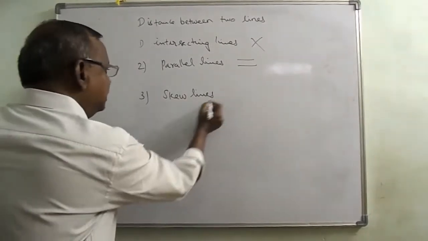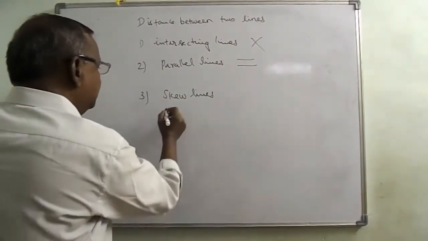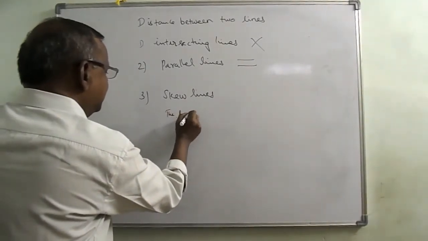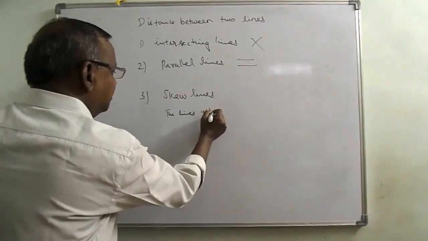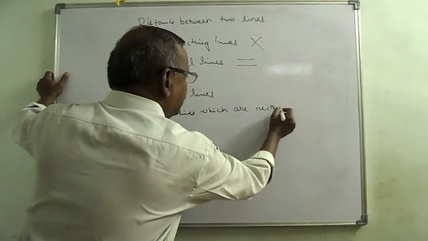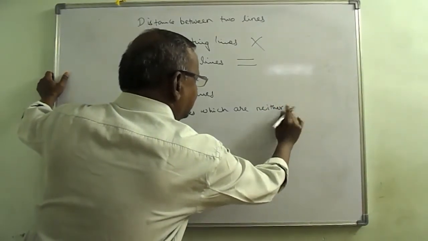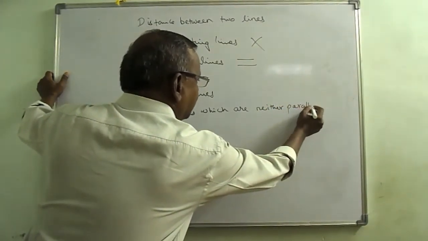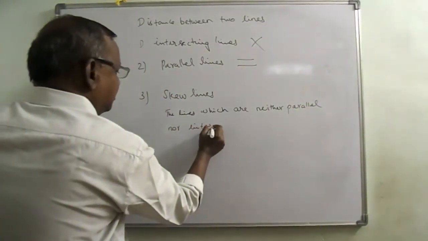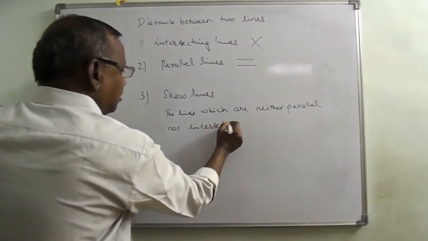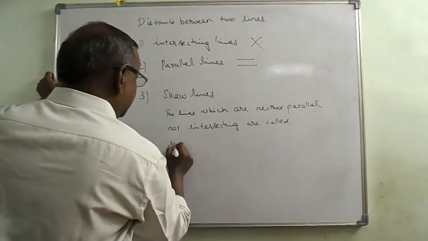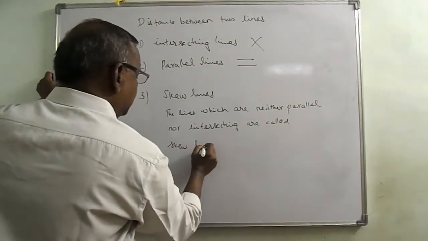The skew lines are new to your knowledge. They are the lines which are neither parallel nor intersecting, and are called skew lines.